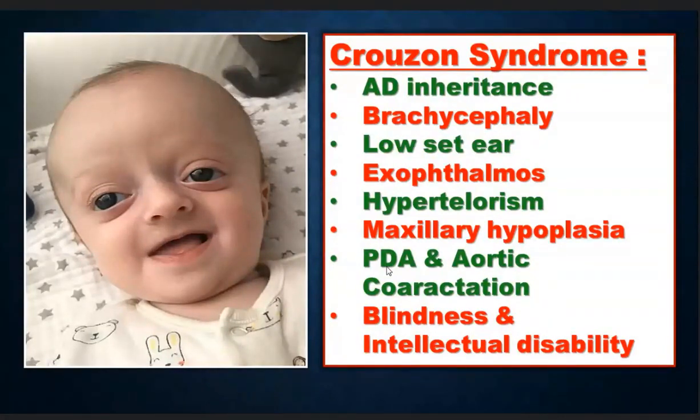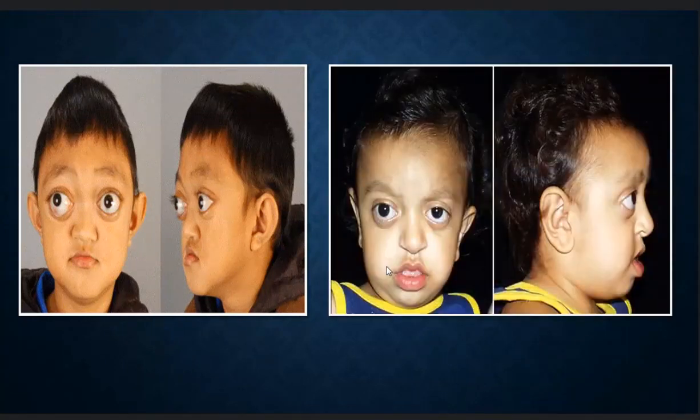This is Crouzon syndrome, and there is one resembling it called Pfeiffer syndrome. You can see the exophthalmos and the flat facial profile in this patient. The same here. Of course these don't have low-set ears, but not necessarily are all the clinical features present in a patient with the disease. You can see a flat profile with exophthalmos.